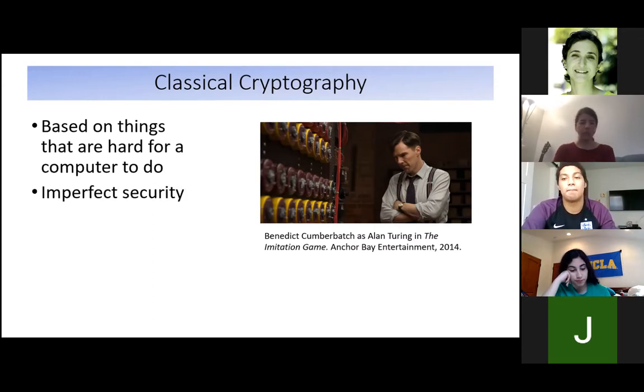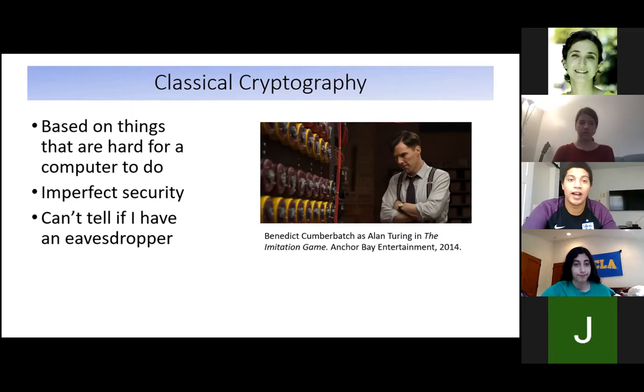So you have imperfect security, because if someone comes up with a way to efficiently do that computation, you're out of luck. Whatever protocol you came up with is obsolete at that point. And another really key point is, you don't know in classical cryptography that you have an eavesdropper. You think that in World War II, if the Nazis knew that people were working on cracking the Enigma, or when they did, they would have kept the same code and wouldn't have updated it.